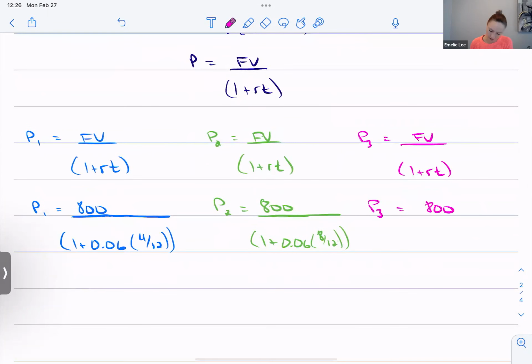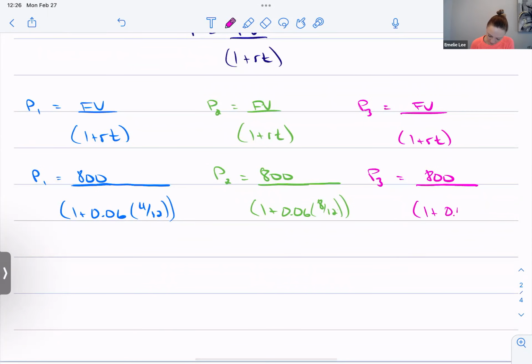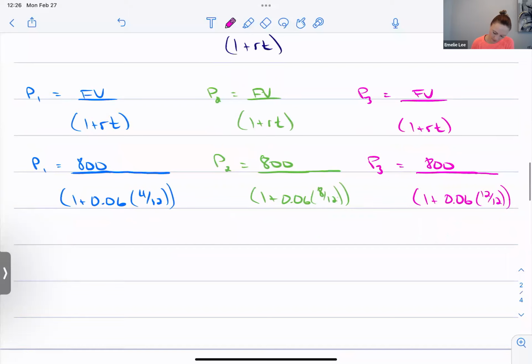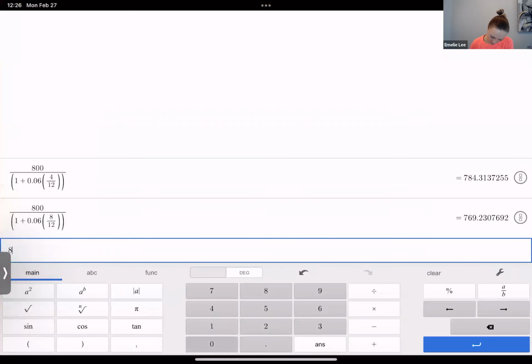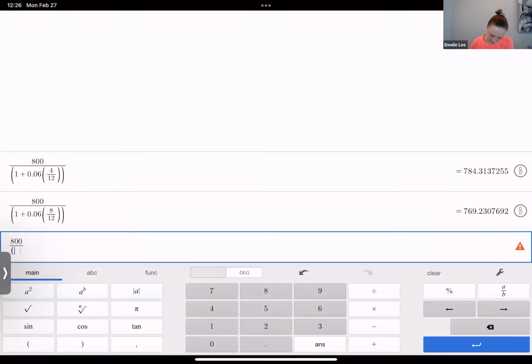And so I have 1 plus R times T. P3 is 800 divided by 1 plus 0.06 times 12 over 12. Do the same thing again. You don't need this bracket as long as it stays in the denominator, but this forces it to stay in the denominator.